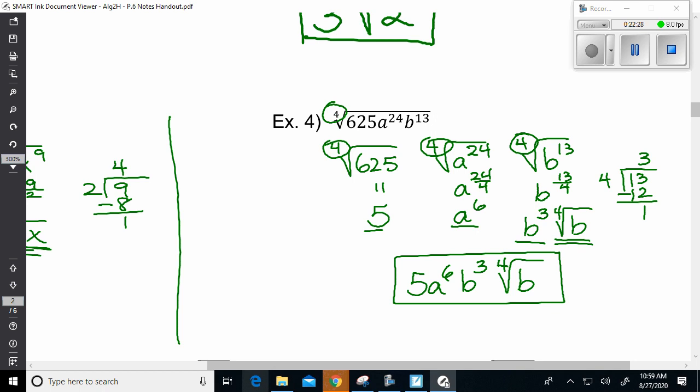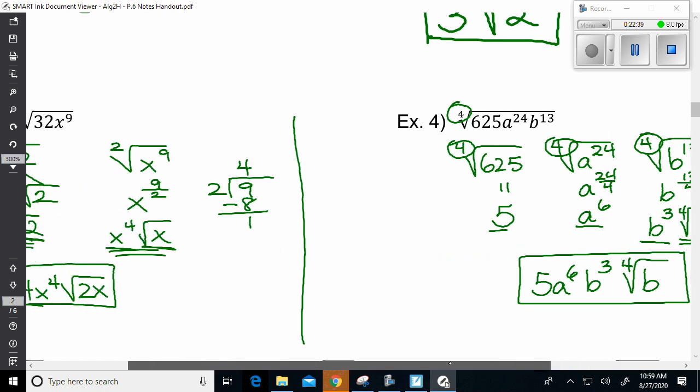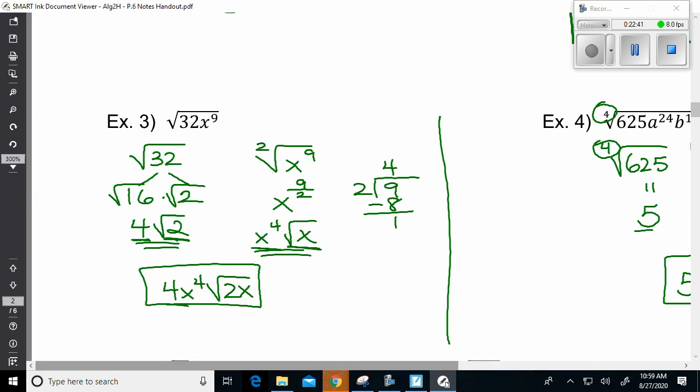Why don't you put 2 in front of what? Because that's a square root. It's understood to be 2. Just like if you have x, you don't put 1 in front of it. It's understood to be 1.